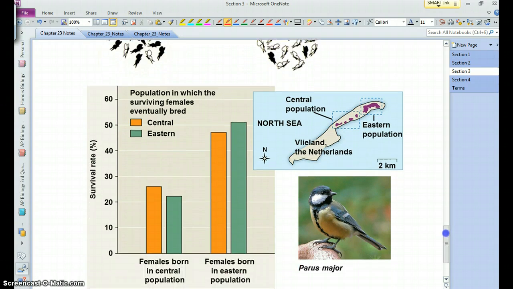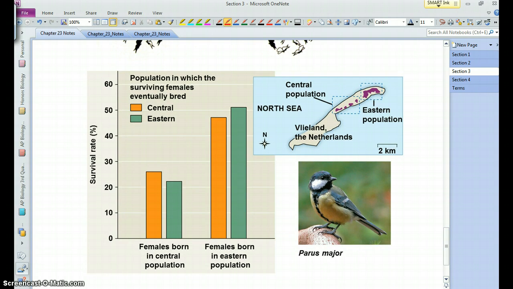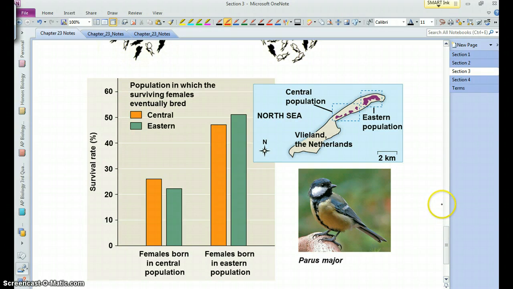Now, this edition of the book gives us this example with gene flow, and here we have an island off of, I believe, Holland in the North Sea, and we've got this particular species of bird that lives there, and there's two separate populations that are relatively isolated, although not completely isolated from each other, and we can see that in the eastern population, we get higher survival than in the central population.